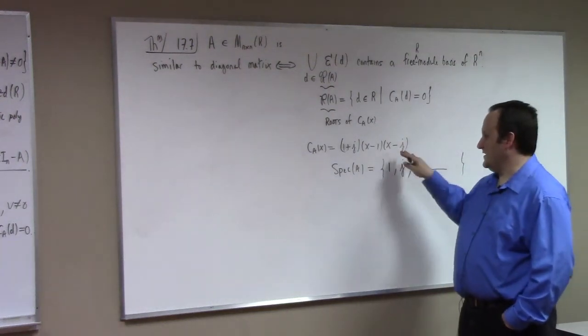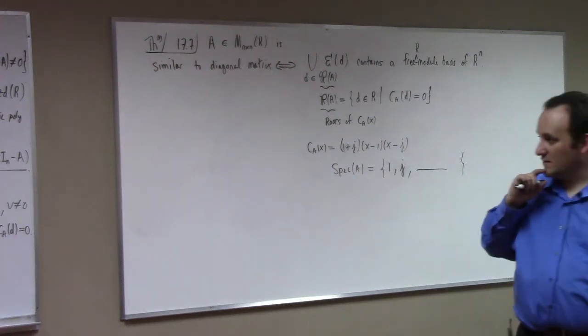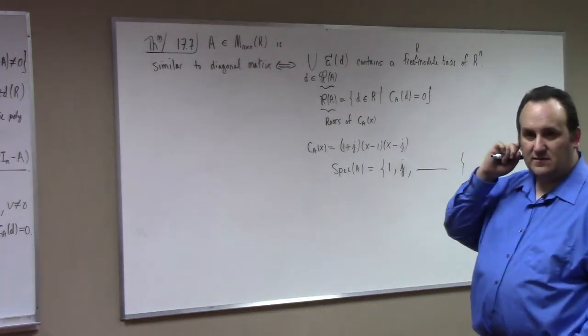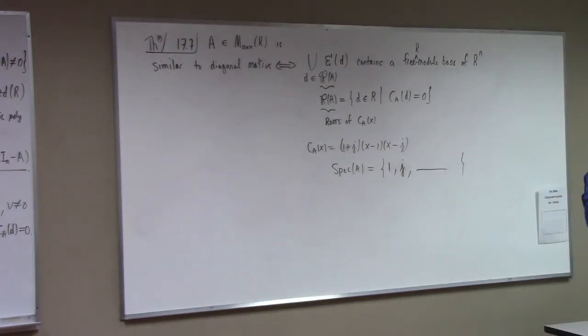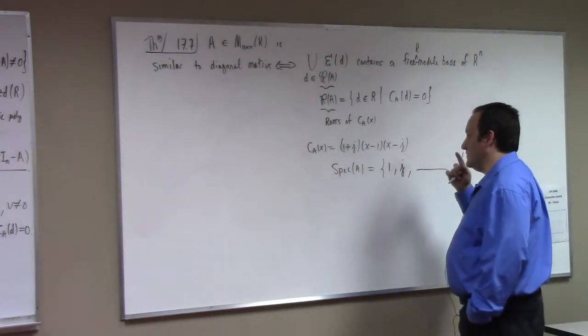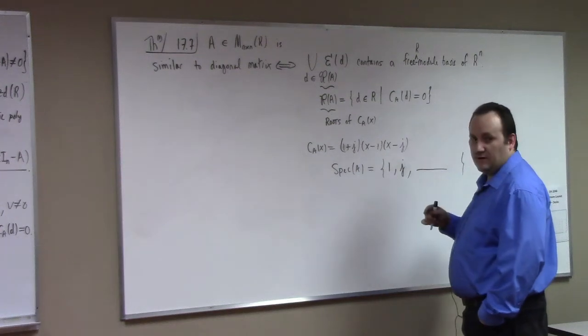What can I plug in for x such that that works out to a zero divisor? Pretty much any x, as long as x is not equal to 1.